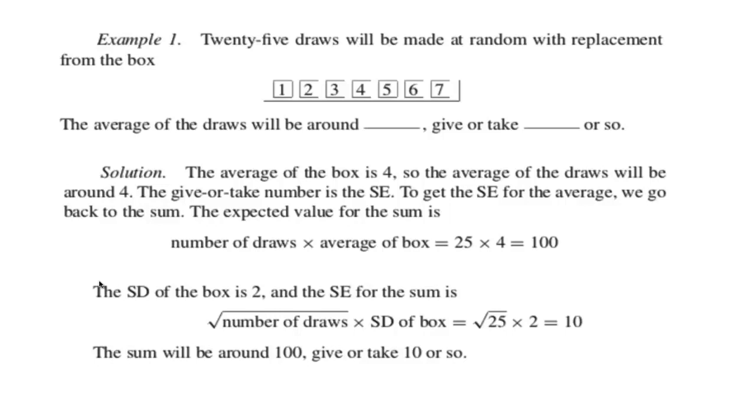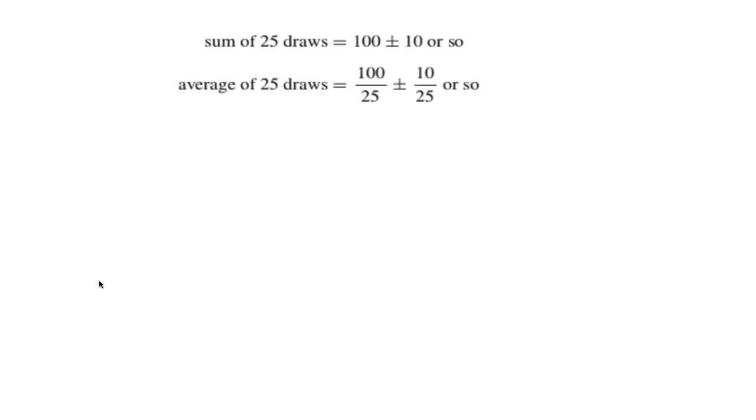We've done this already in the previous section, but the question in this chapter is about what the average of these draws is. How do I find the average from the expected value for the sum? It's actually really simple. The sum of the 25 draws is 100 plus or minus 10, which is the error.